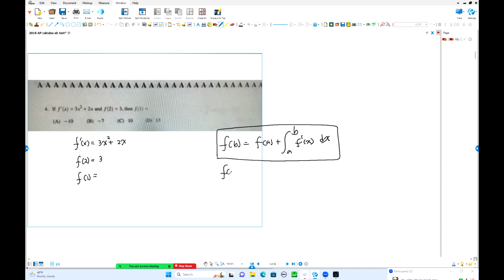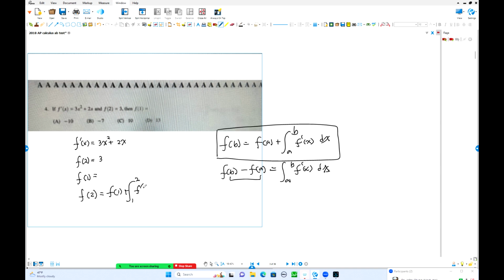Or sometimes f of b minus f of a. The difference of these two numbers is the sum of each derivative, the slope integral. Same thing. So we have f of 2 and f of 1 there. f of 2 is given, that is 3. We start from f of 1 and add the change in the derivative from 1 to 2.